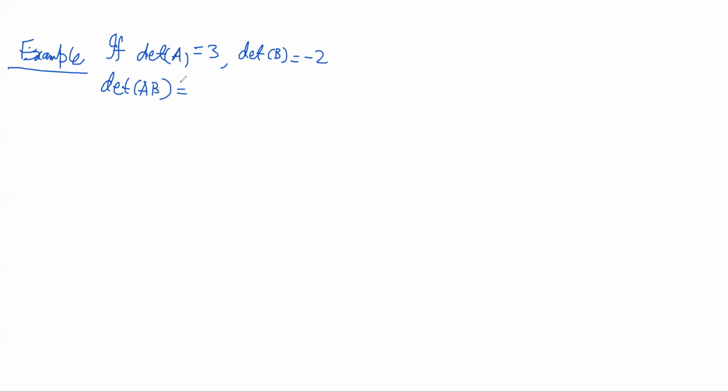From the properties of the determinant, we know that determinant of AB is equal to determinant of A times the determinant of B. So the determinant of AB will be minus 6. So this will be the answer.